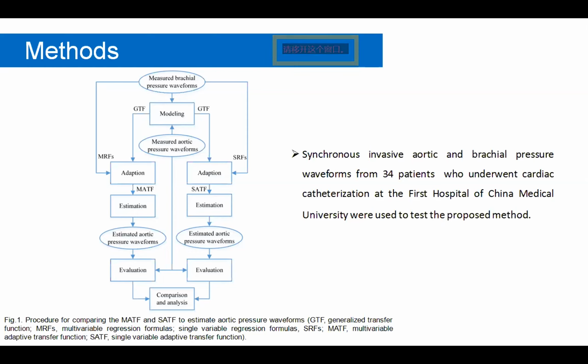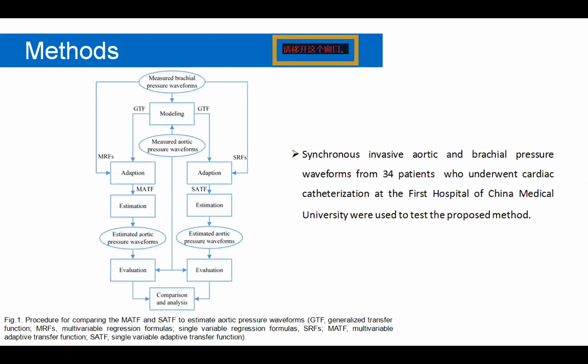This figure shows the overall study procedure of my research. First, measured aortic and brachial pressure waveforms were employed to build a GTF model. The multivariable and single variable regression formulas linking GTF and hemodynamic parameters were calculated simultaneously.